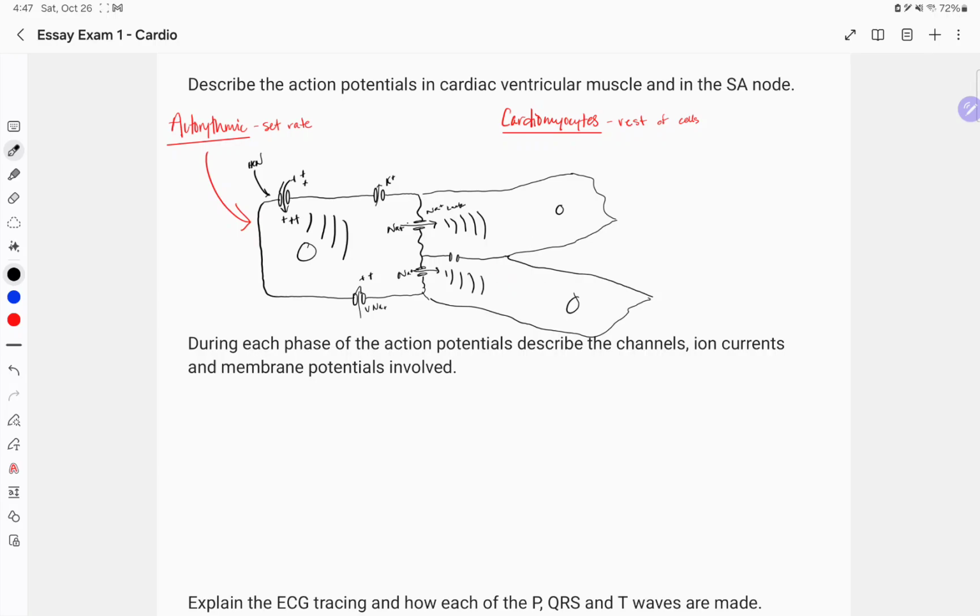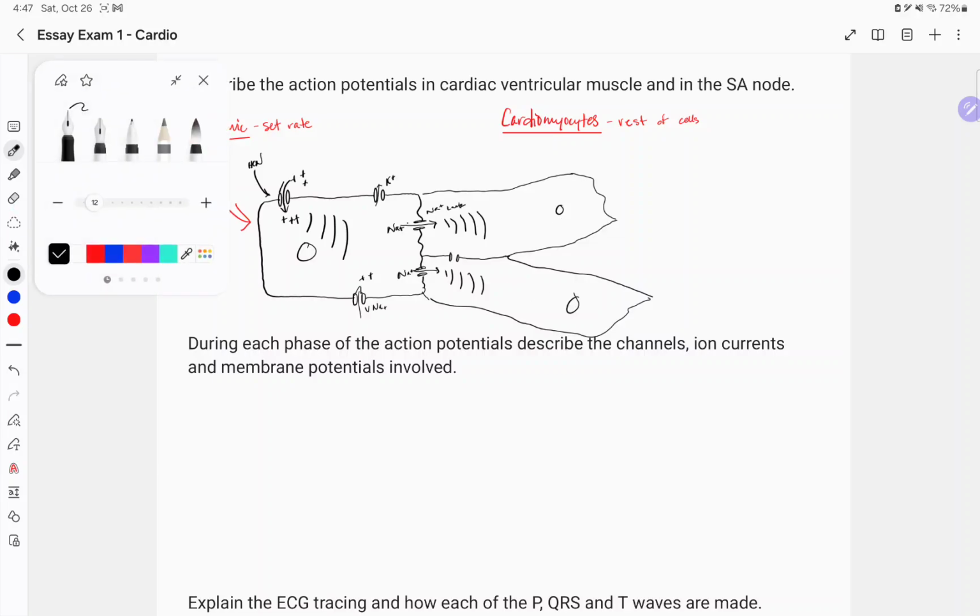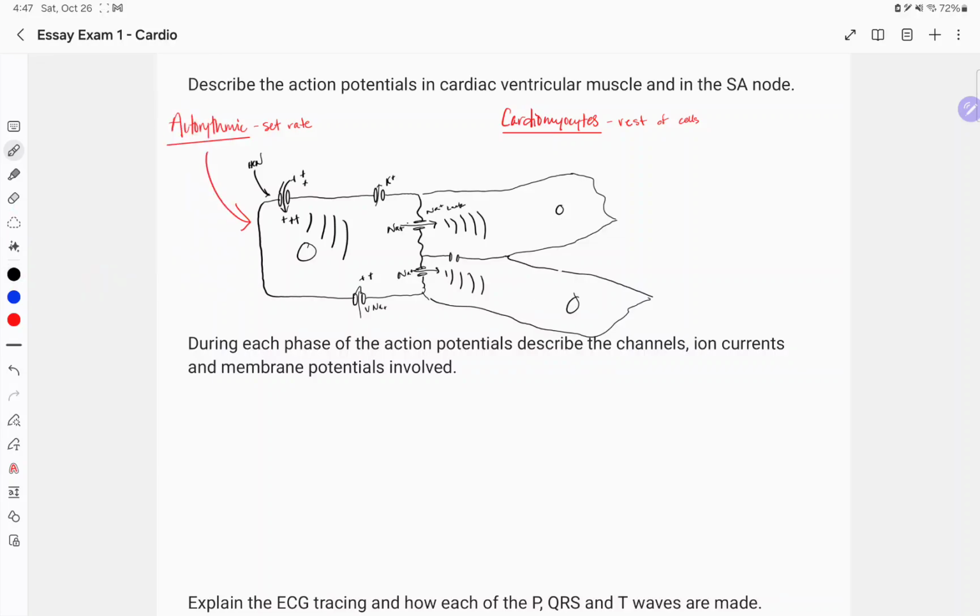And as these waves are sent through the cardiomyocytes, you have these voltage-gated calcium channels that are going to open and allow positively charged calcium into the cell, which, as we know, calcium is going to facilitate contractions and help to further propagate that wave along these cardiomyocytes.